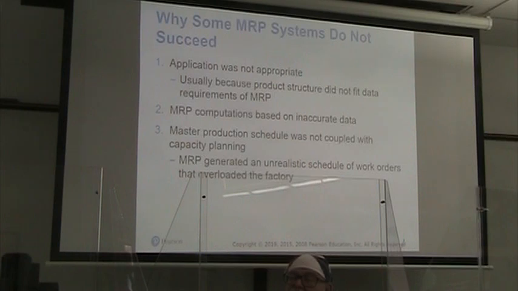This is something that I've seen a lot of times in industry, is the inventory is calculated wrong, but we're still making decisions based on the wrong inventory. And the third is that our master production schedule was not linked to our capacity planning. So our MRP in that case generates an unrealistic schedule of work orders that overloads the factory.